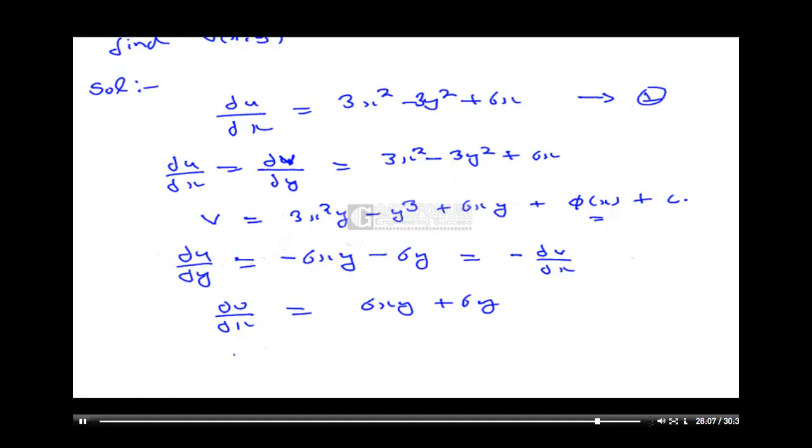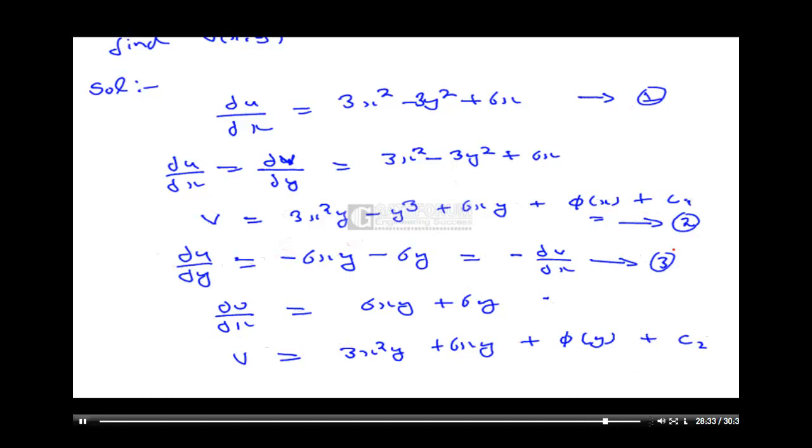From this, I'll get v as 3x square y plus 6xy, plus some function of y plus some constant. Let these be c1 and c2. Okay, now this is equation number 2, this is equation number 3, this is equation number 4.